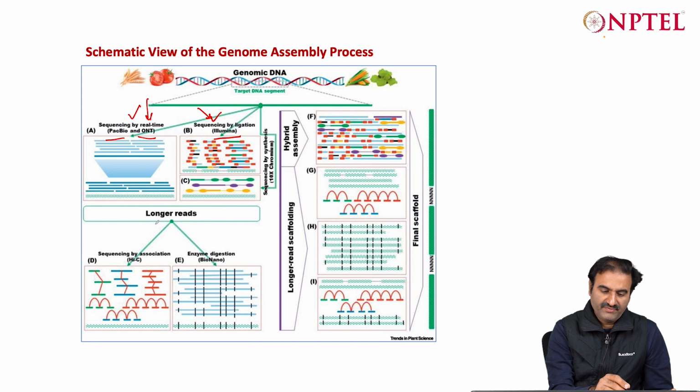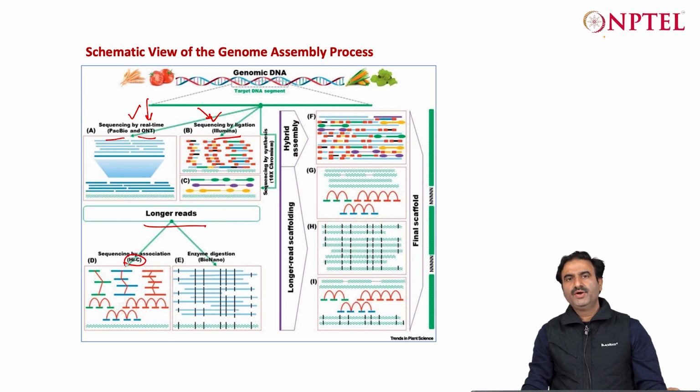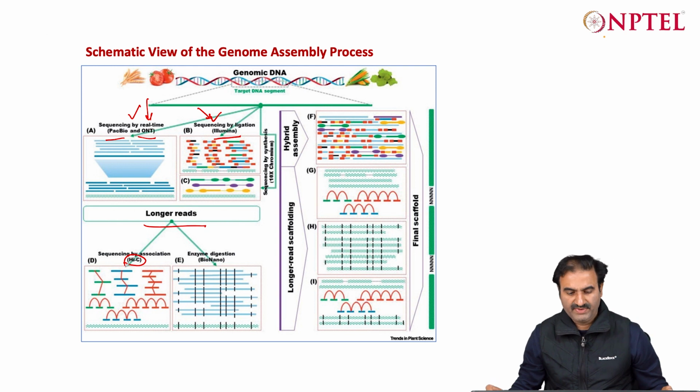And then after you have a good hybrid assembly by these methods, you can go for Hi-C or BioNano to get the chromosomal-level assembly.